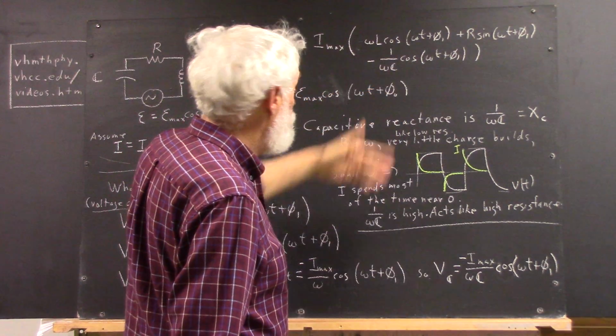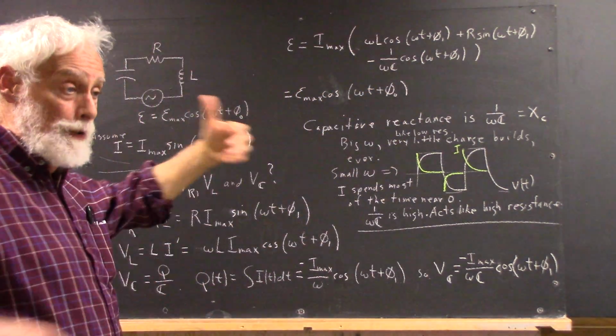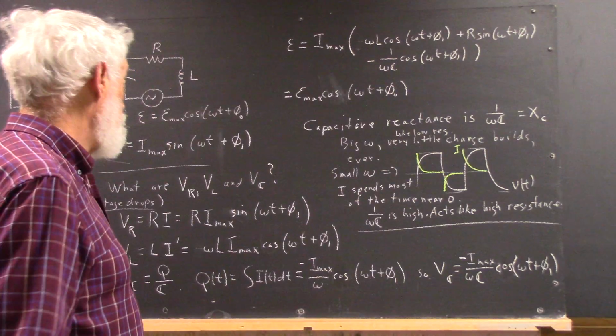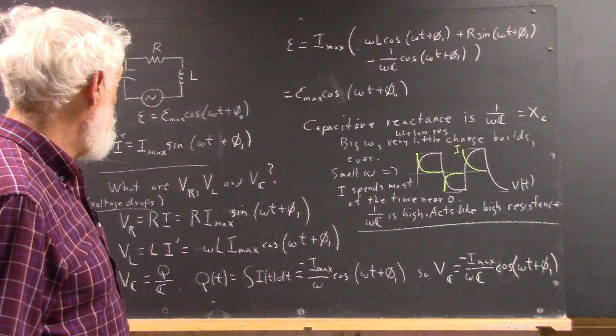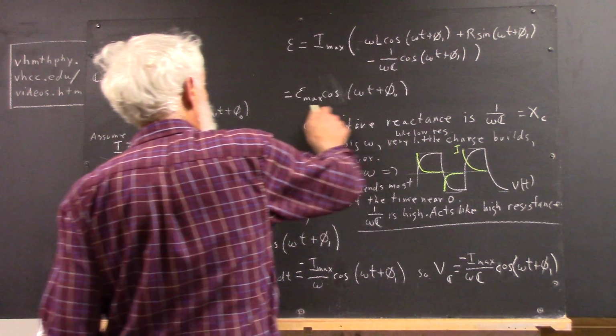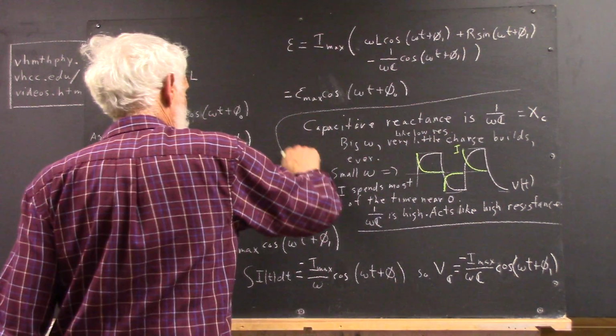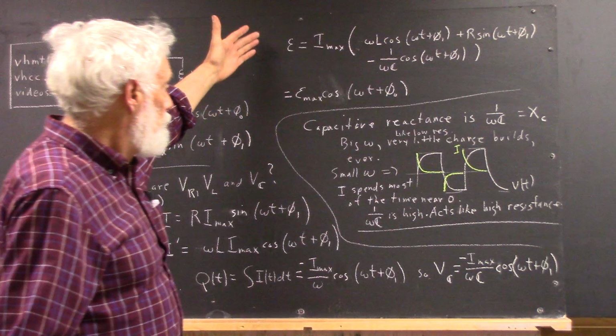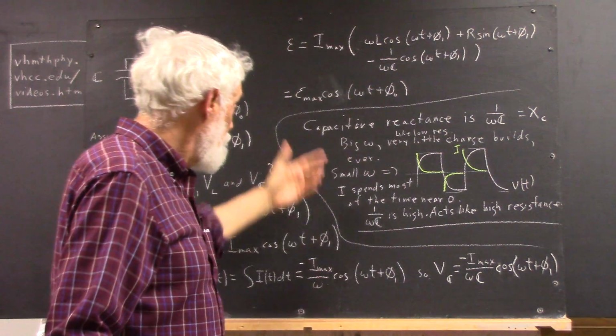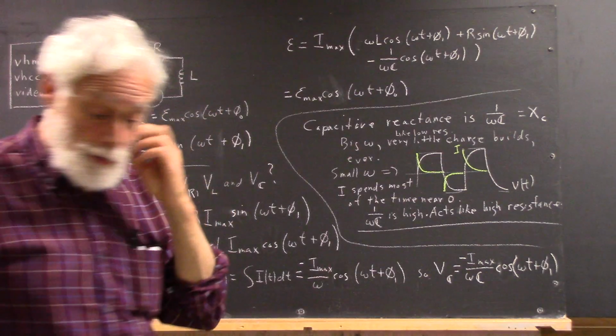And the phase angle for the sine is just going to be pi over 2 different than the phase angle for the cosine, either plus or minus pi over 2. You can think that through. So that's a nice little package. We have this. Now we're going to talk a little bit more about the various parts of this.